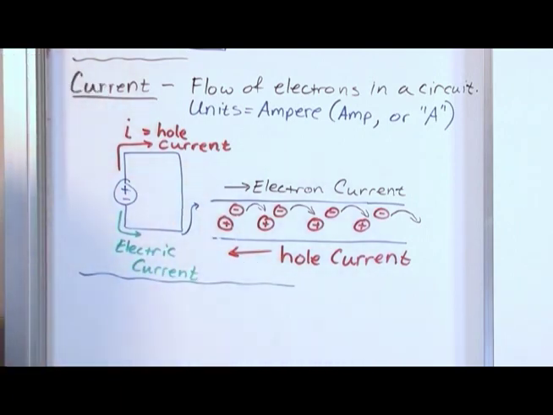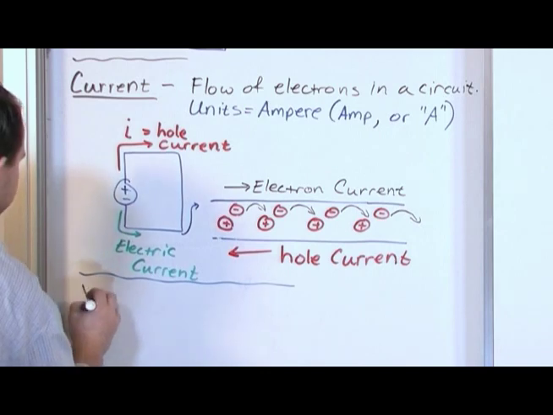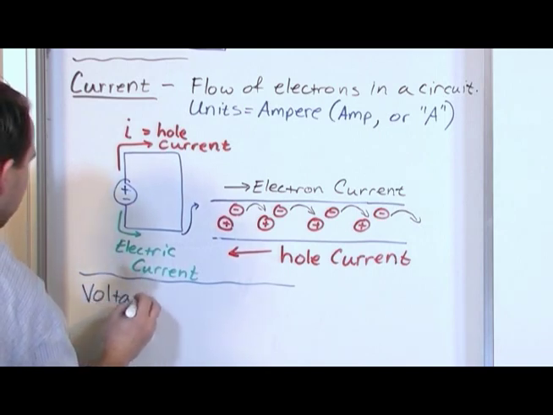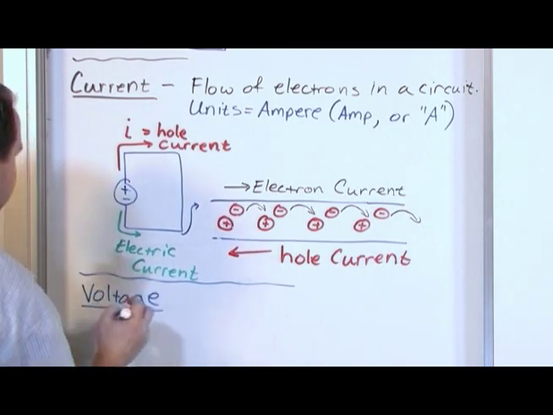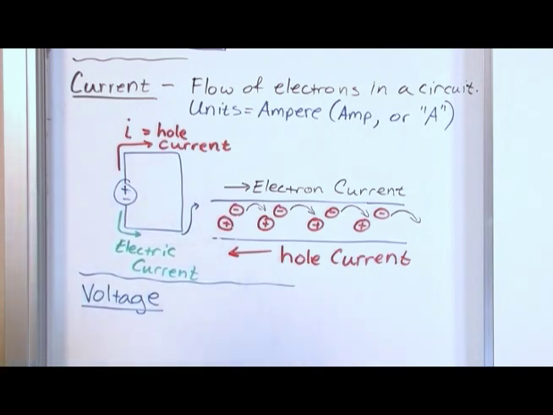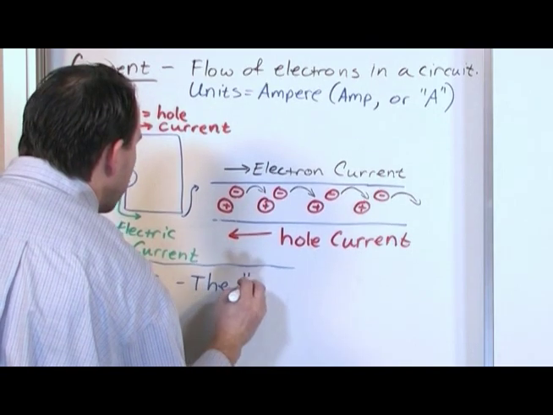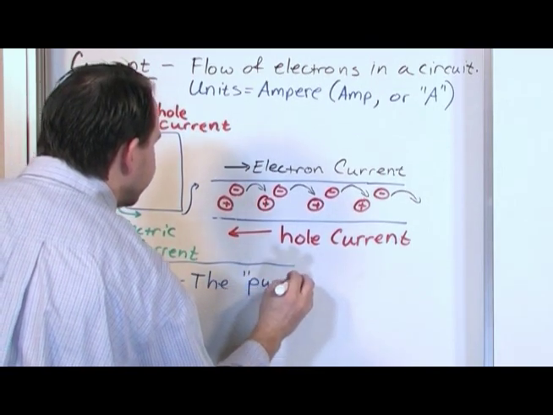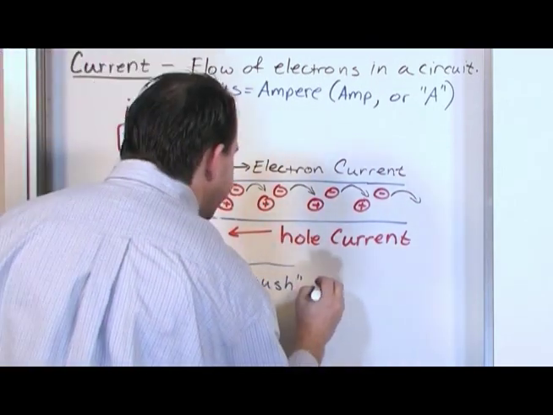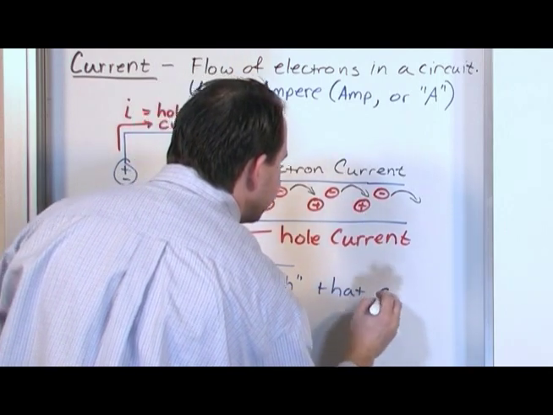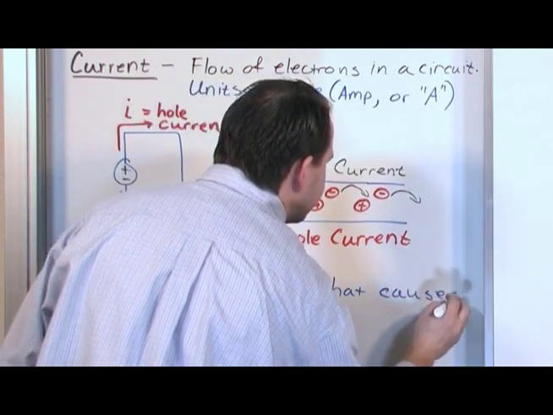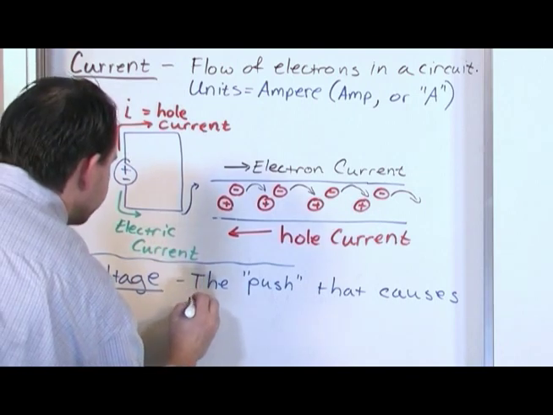All right, now the next thing we have is the concept of voltage, which many people get confused with current because it's kind of used interchangeably. Voltage is the push, I'm going to put in quotes, the push that causes the current to flow.